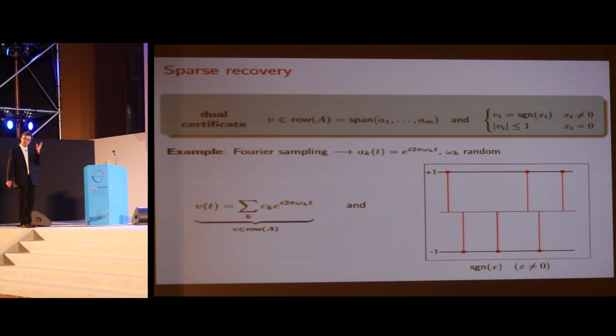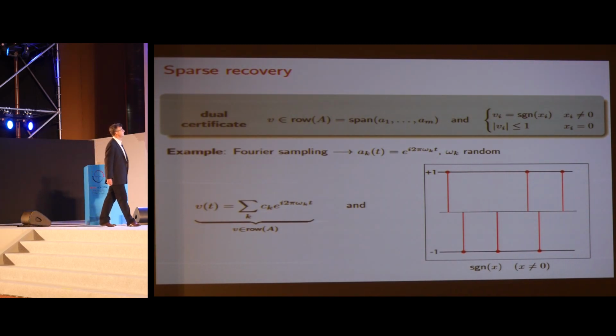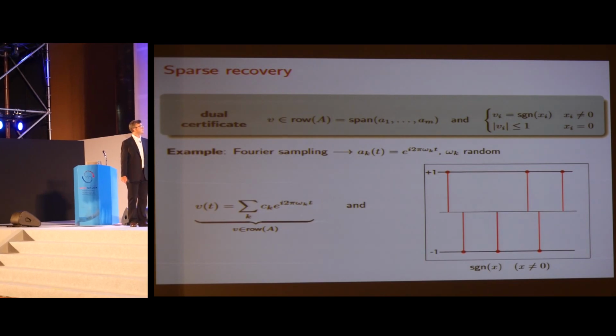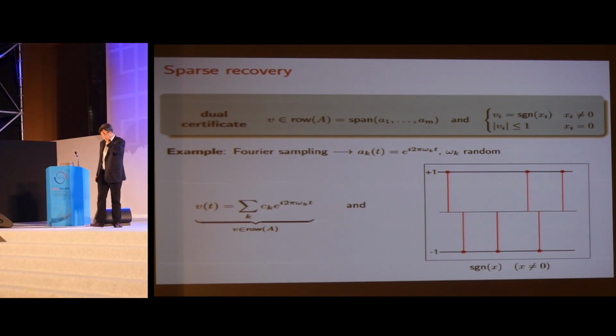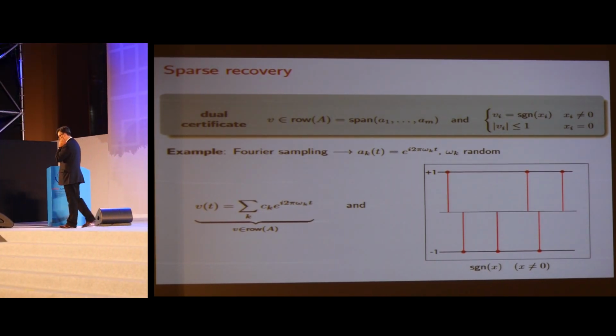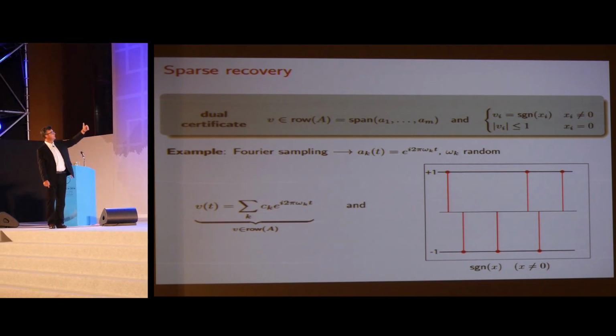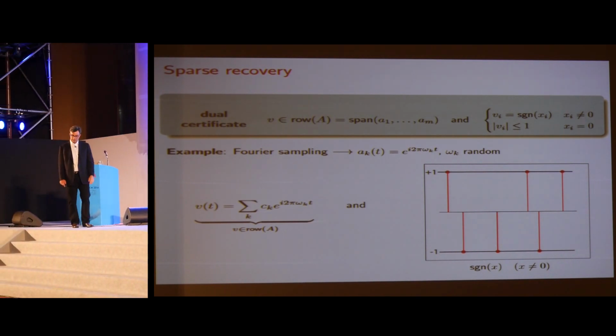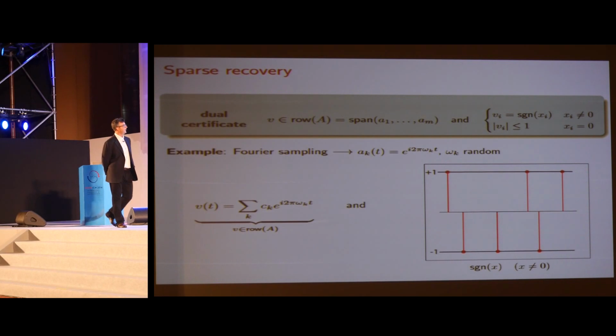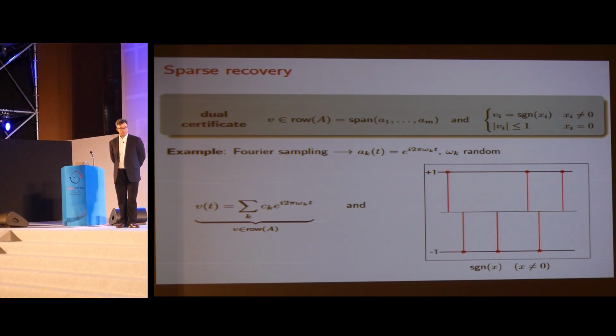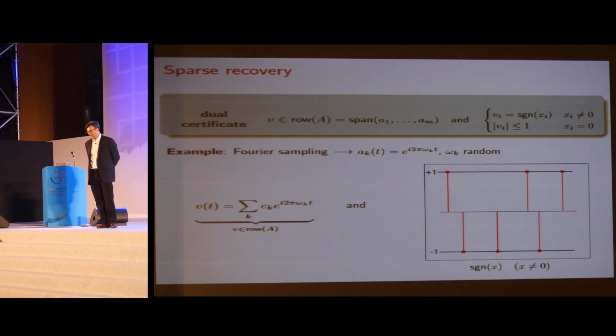Now, just to give you a sense of the mathematics that go into this non-Gaussian world, we need to build a dual certificate, and so I need to find a vector V, which is in the span of the sampling vectors A, and is a subgradient. We've seen the definition of the subgradient.